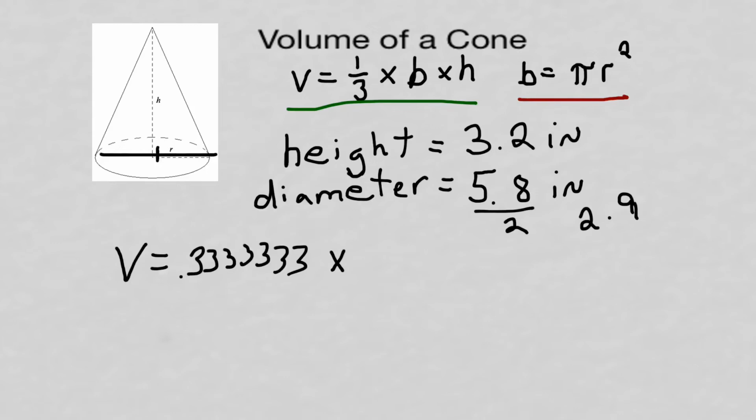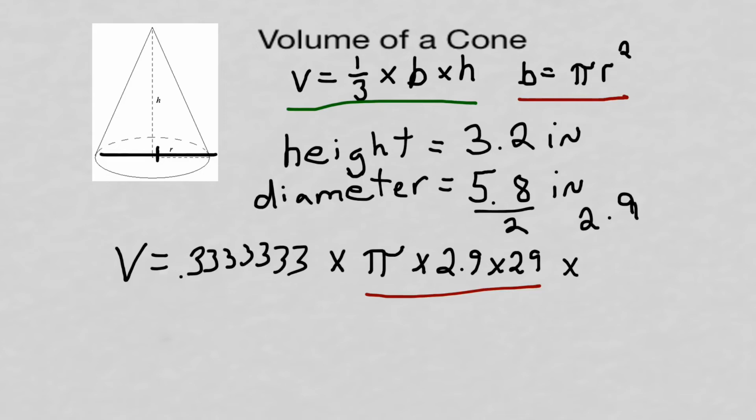So the base is pi r squared. So it's going to be times pi times r, which is pi r squared. So there's the base, pi r squared, times the height, which is 3.2.